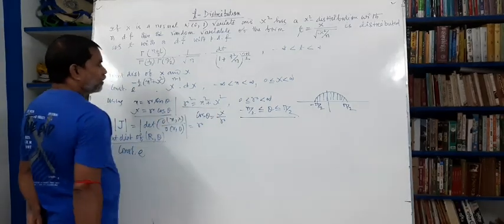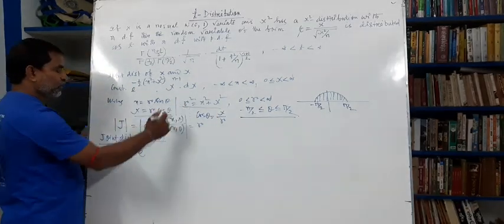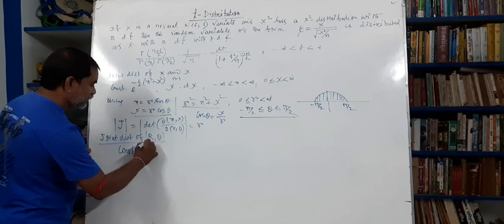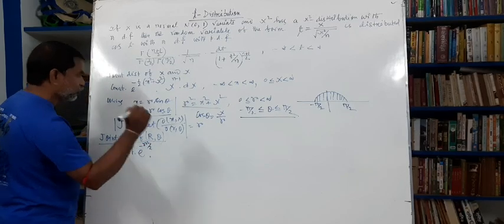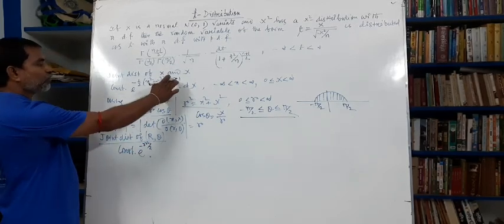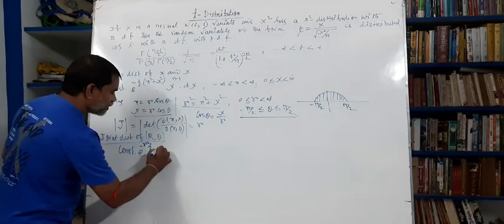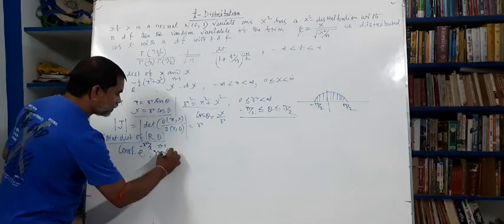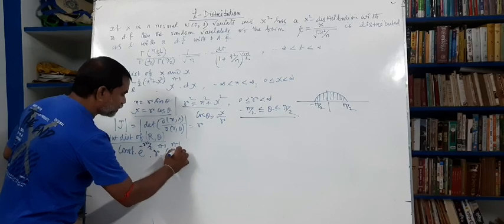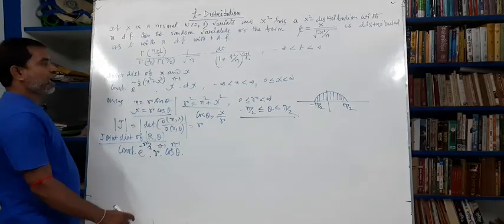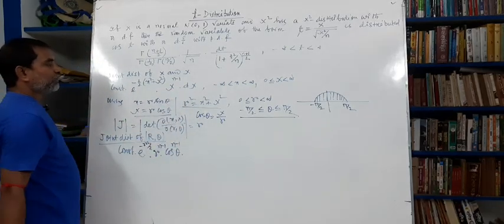Here you know x square plus chi square equal to r square, so this is equal to e to the power minus r square by 2 into chi to the power n minus 1. Here chi equal to r cos theta, so it is r to the power n minus 1 into cos to the power n minus 1 theta, and d of chi.